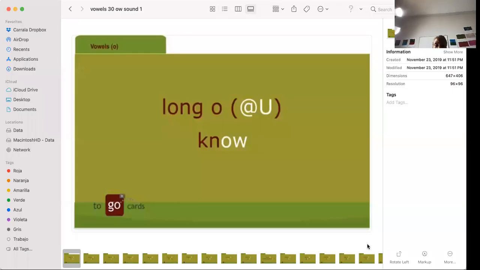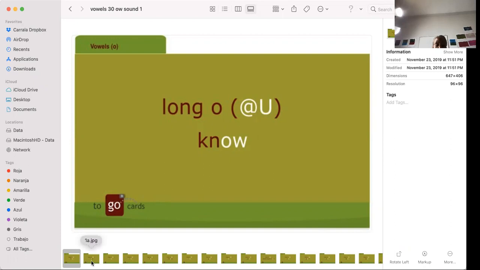I'm going to share my screen with you. And here it is. Here the diphthong O-W sounds like the long O sound. In fact, in some of the cards, when you're dealing with the long O, you have the diphthong O-W.